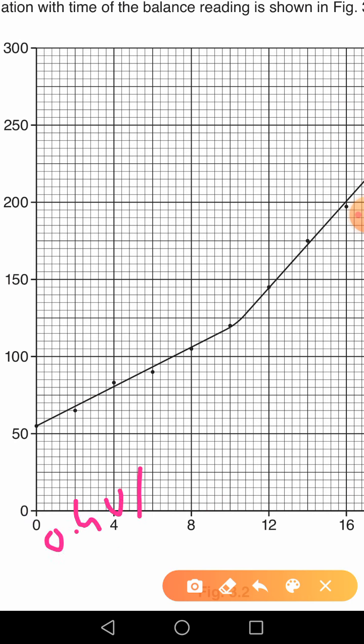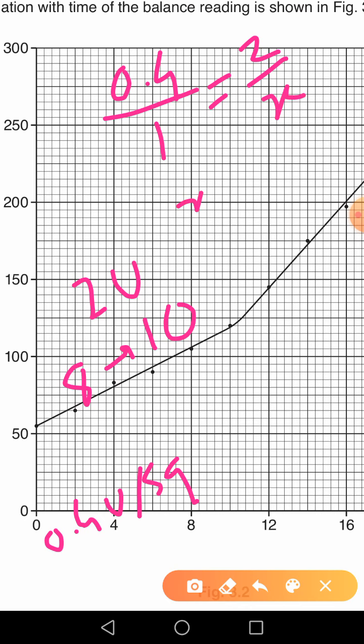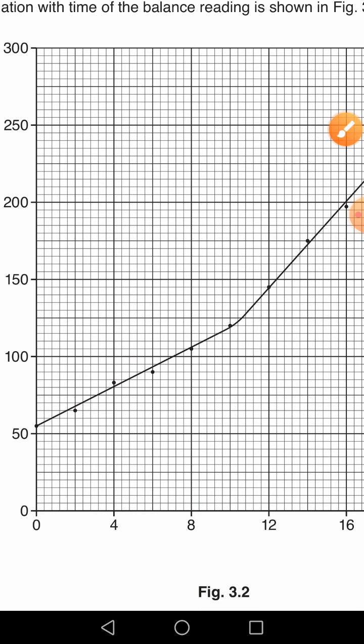So from 8 to 10 we have to go 2 units. 0.4 units for 1 square, so 2 units for how many squares? x equals 2 divided by 0.4, which means 5. So we have to go 5 squares to get 10 from 8. Okay, so here is the 10.